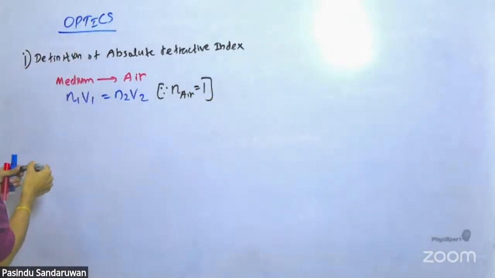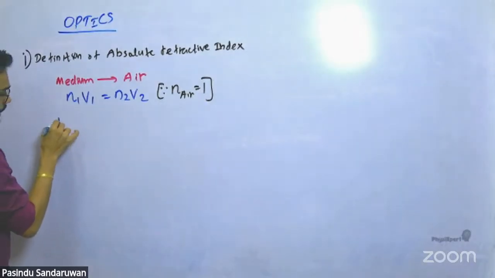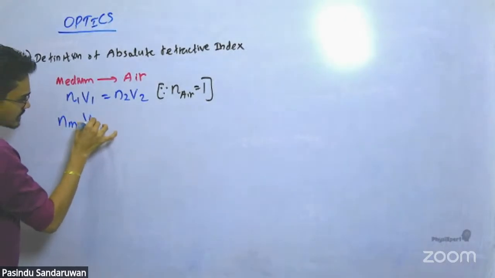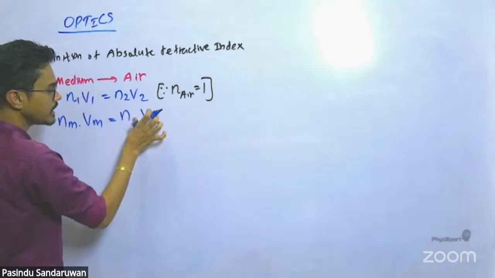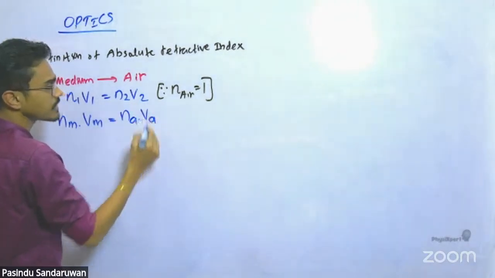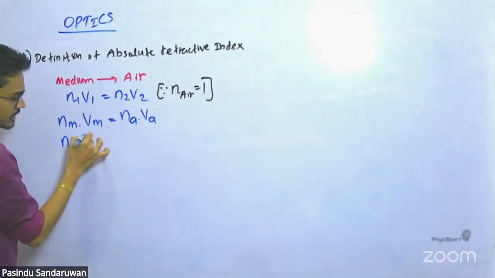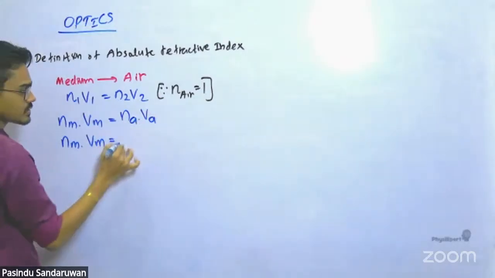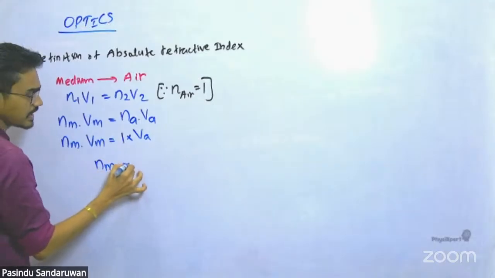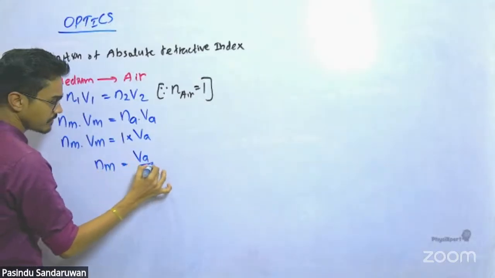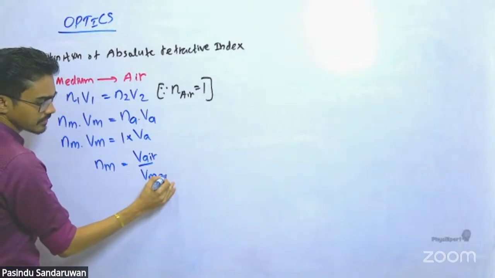If we apply this into the equation, then n of this medium times v of this medium equals n of air medium times v of air medium. Since n of air is 1, then 1 times v of air. If I need to define n of the medium, that is given by v of air over v of medium, no? Then va means v of air, vm means v of this medium.